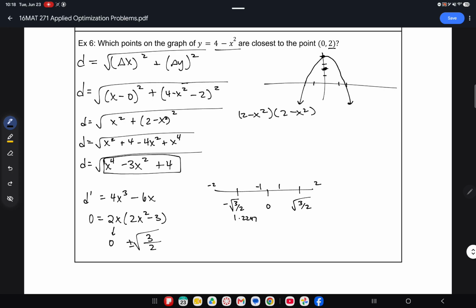All right, so I'm going to go back in. I'm going to plug my function in so I can just type in some values here. So my function is x to the 4th minus 3x squared plus 4. And I'm just substituting in those values. So if I do -2, I get +8.